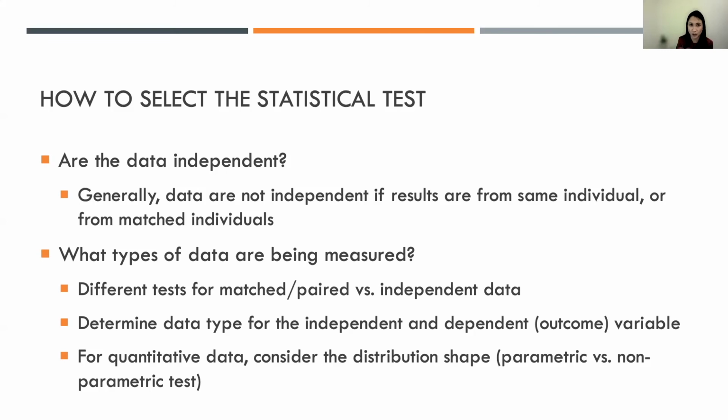Those are two key ones to look out for when determining which test is most appropriate. And lastly, specifically for quantitative data, you want to consider the distribution, because this comes into play when selecting between a parametric versus non-parametric test. That goes back to whether the continuous data follows the bell-shaped curve, or the Gaussian distribution.